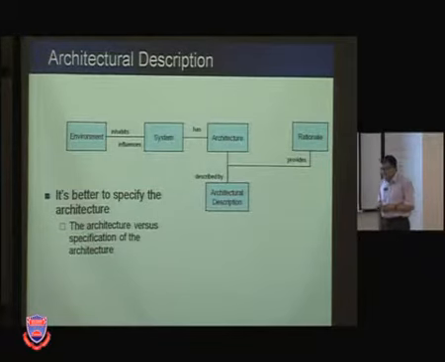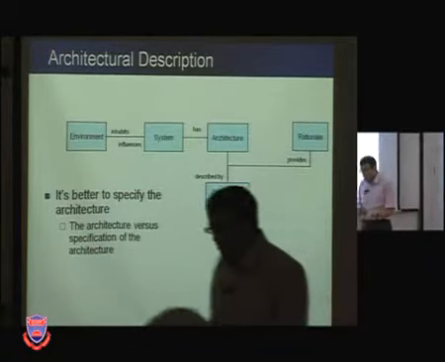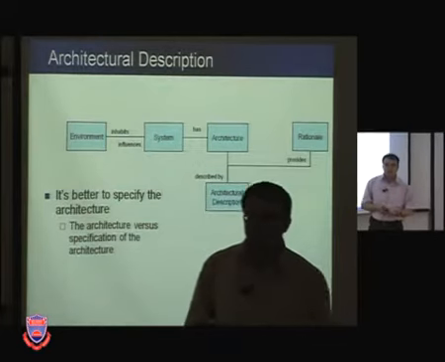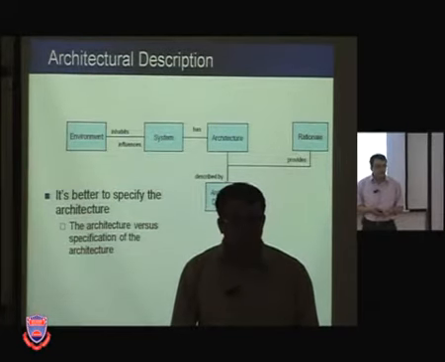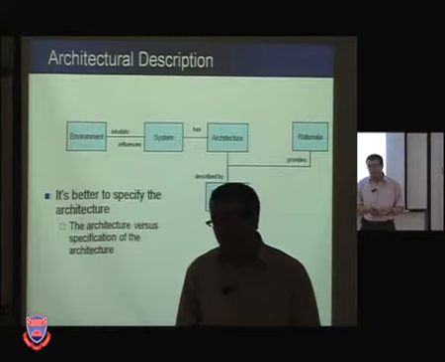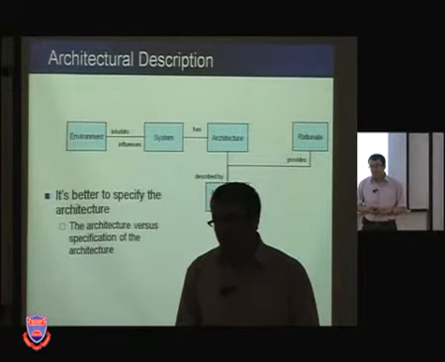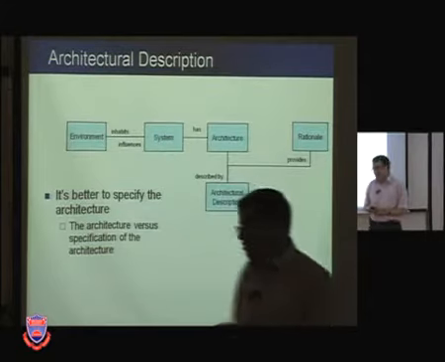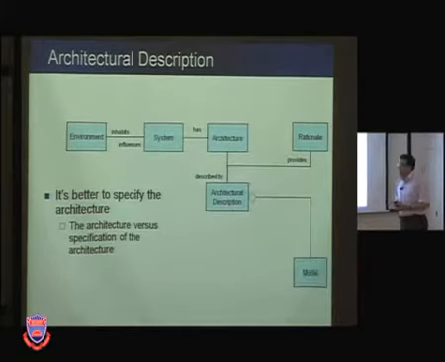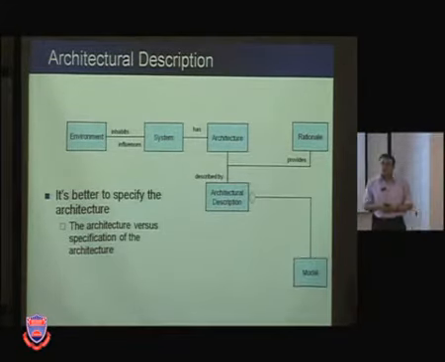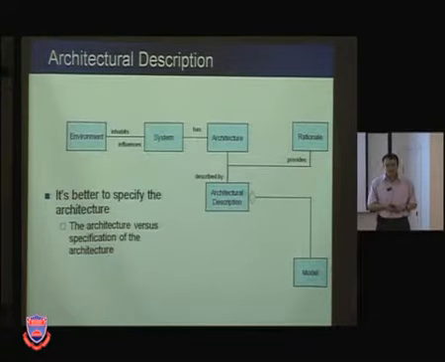Why? We said architecture is a means for communication between stakeholders. It includes the design decisions. So typically, when we describe the architecture, we also provide the rationale. And how do we describe architecture? Usually as a set of models.